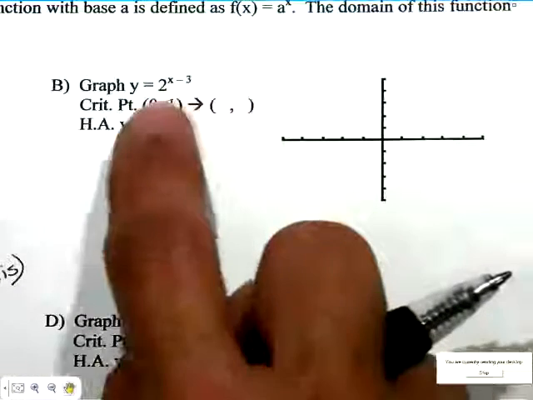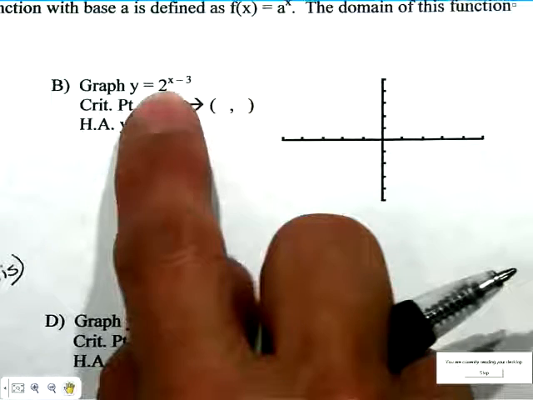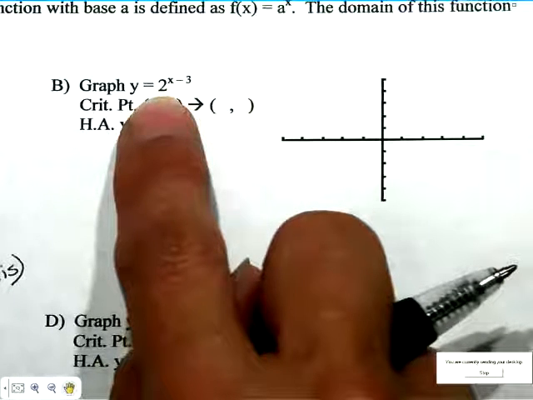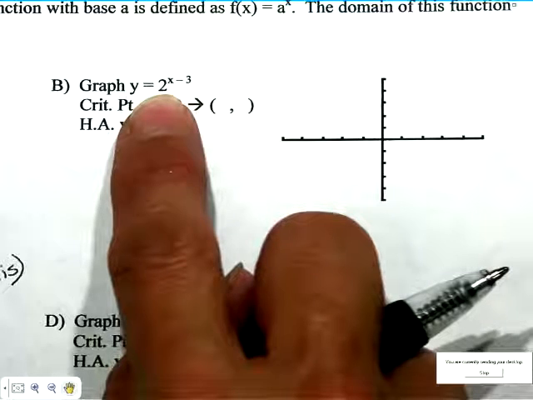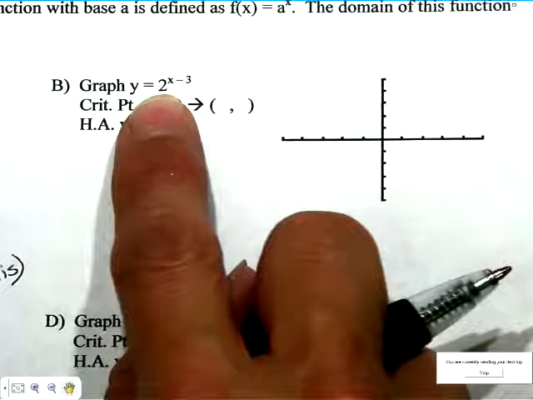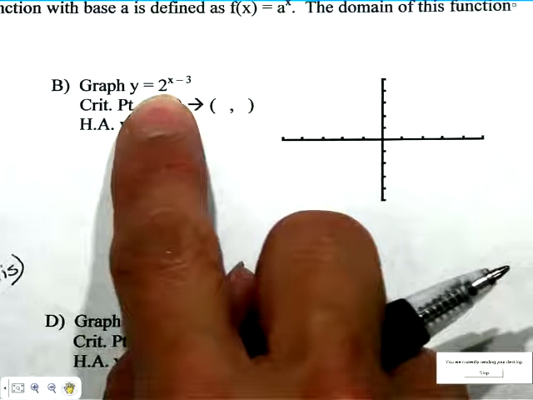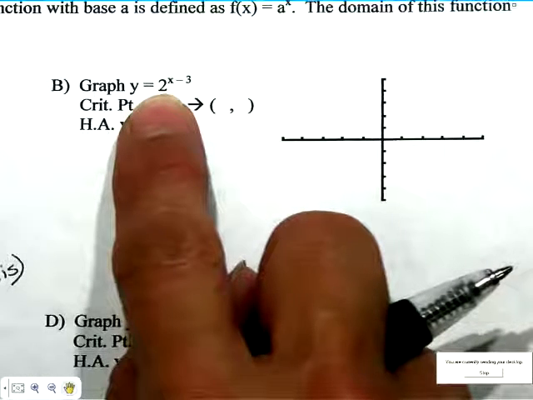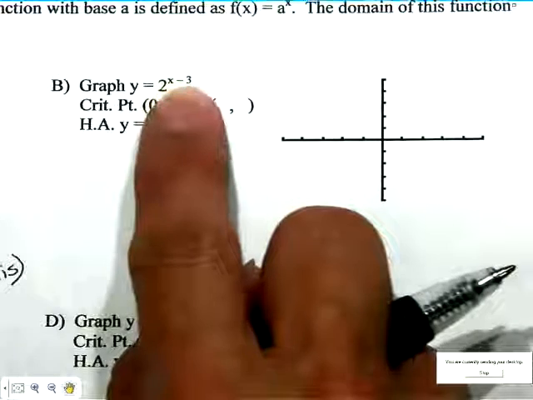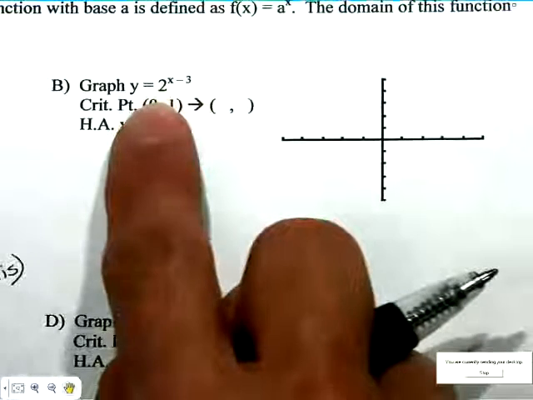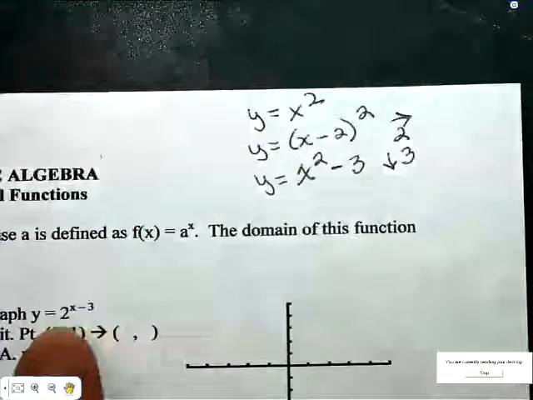If I ask you to let x be 5, would you do the subtraction or the exponentiation first? You'd say 5 minus 3 is 2, and then you'd do the exponent. So that 3 is subtracted before the function is applied. What does that mean about how it shifts the graph?